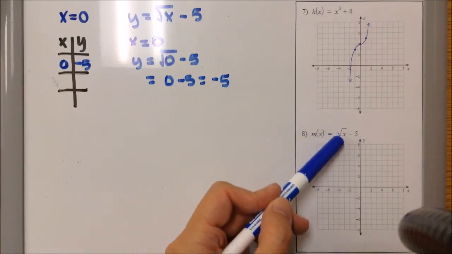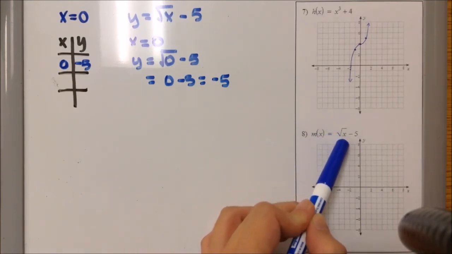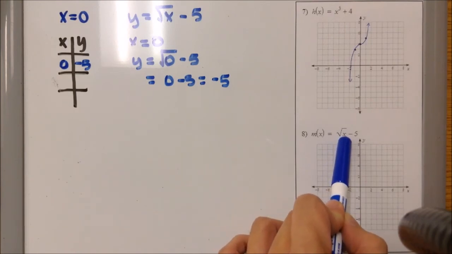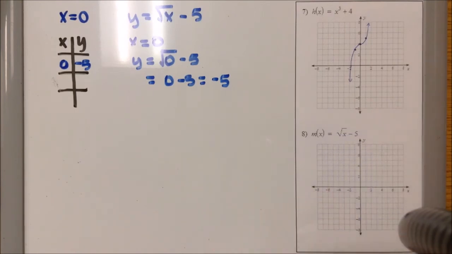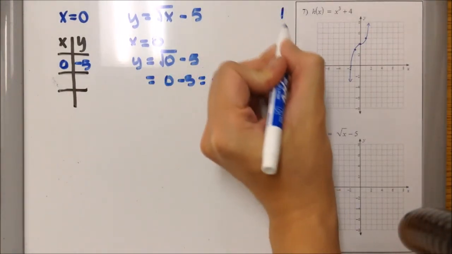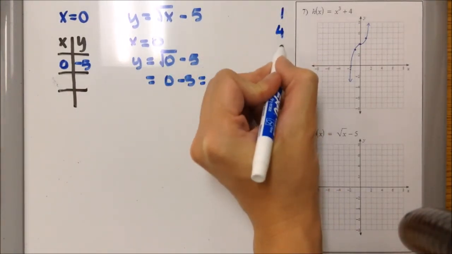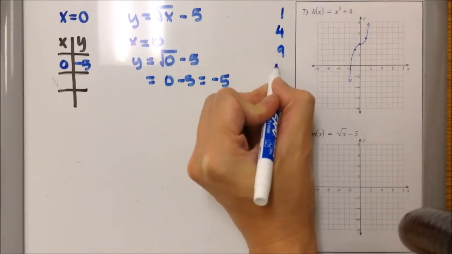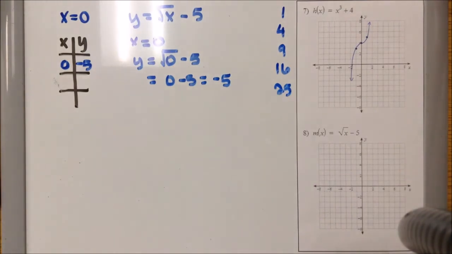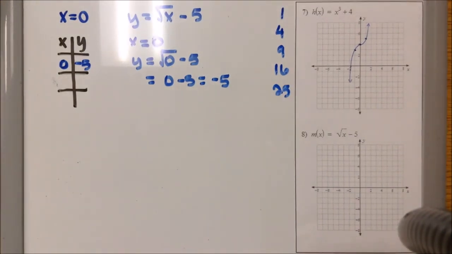So in this case where x is by itself, there's no number within the function, that means you can use perfect square numbers. Perfect square numbers are, besides 0, 1, 4, 9, 16, 25, and so on. Those are examples of perfect square numbers.